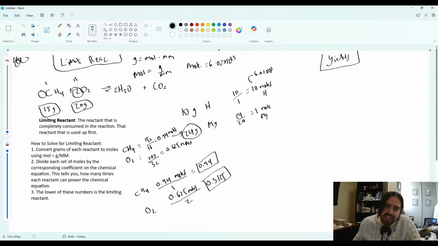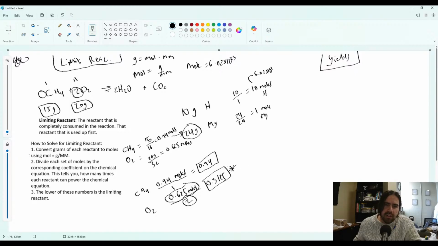Because we have fewer moles of oxygen to begin with, and we're using them at a higher rate, which is what this denominator tells us, that means that we can power fewer cycles with oxygen than we can with methane. Okay, so the lower of these two is the limiting reactant.